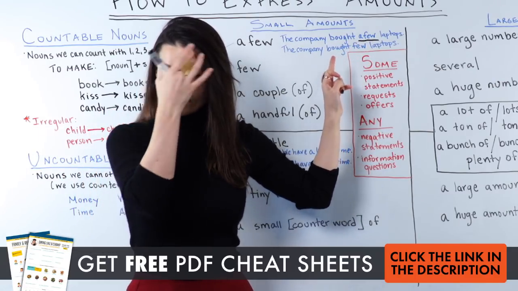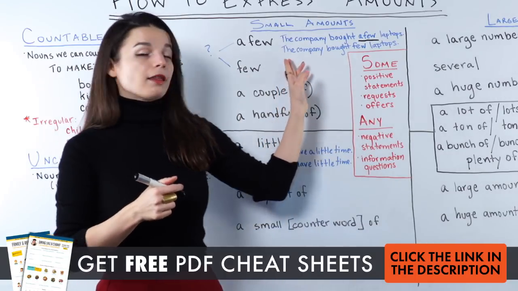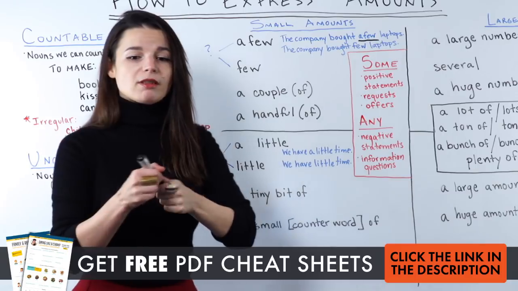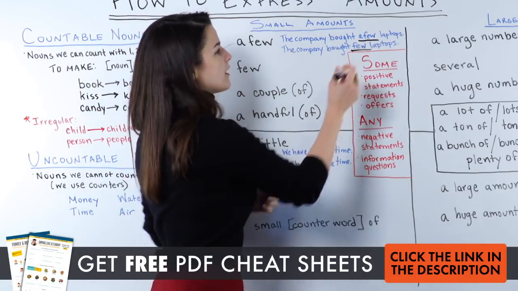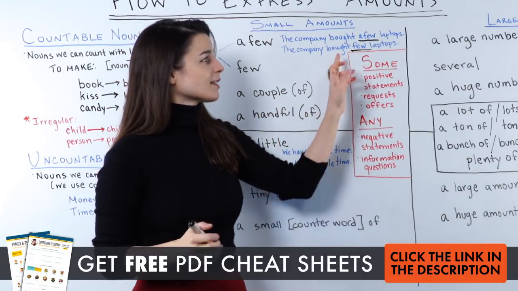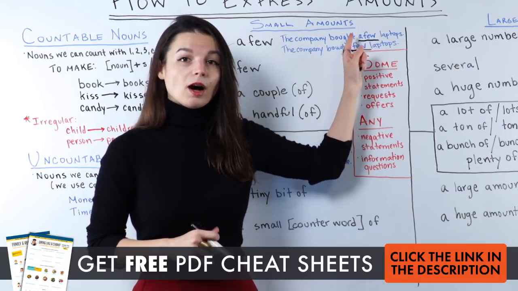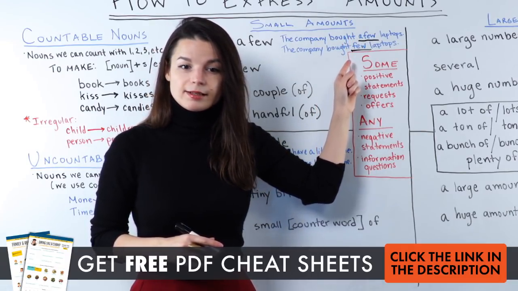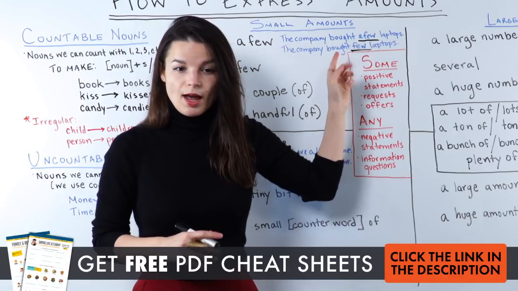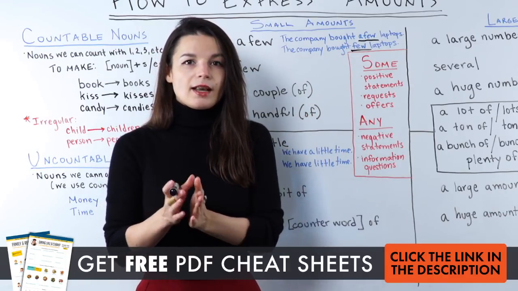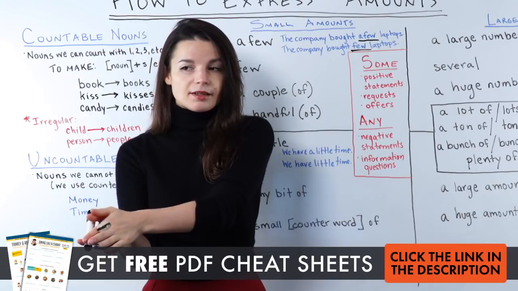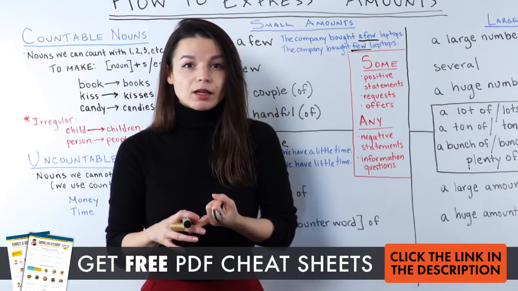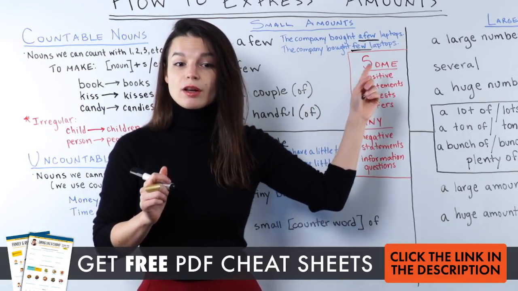This sentence, however, uses few. The company bought few laptops. So the difference here is just the article, yeah? So a few versus few. This sentence with no article has the feeling of a negative result. It has the feeling that someone is disappointed or unhappy, or this is not a good thing.